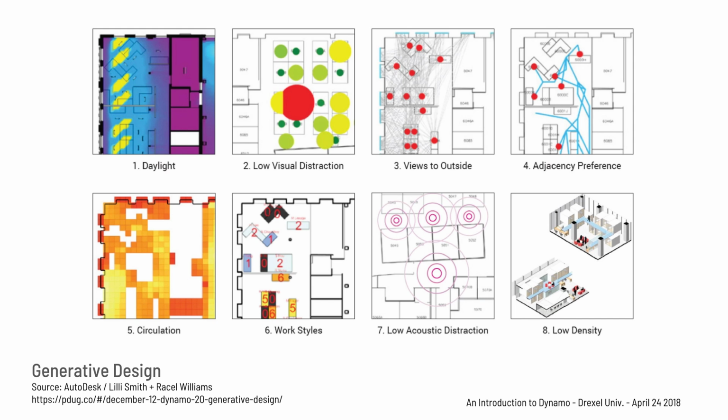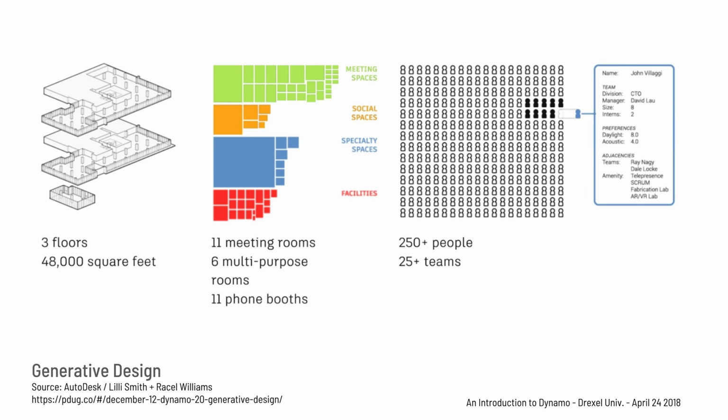But basically what they were doing is coming up with a bunch of different categories of positive aspects of a floor plan, of an office layout. You know, access to daylight, low visual distraction, views to the outside, etc. Creating those into code, and then basically allowing the program to flip through those different things and try different arrangements in order to generate an actual floor plan.